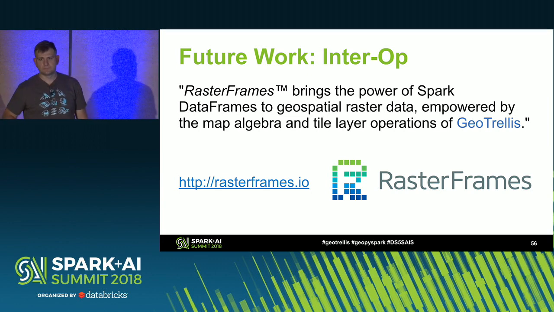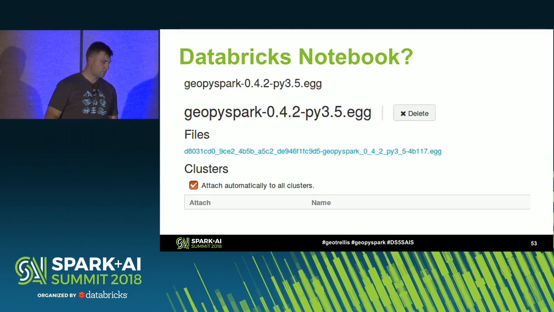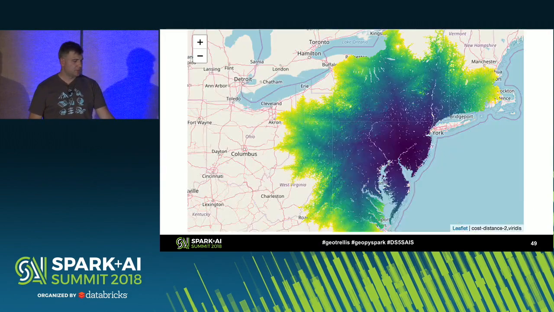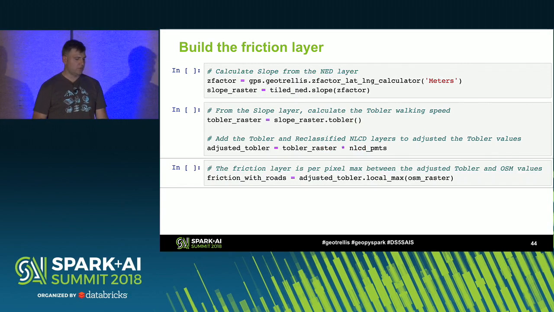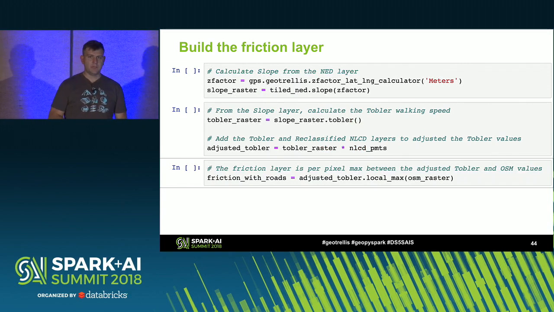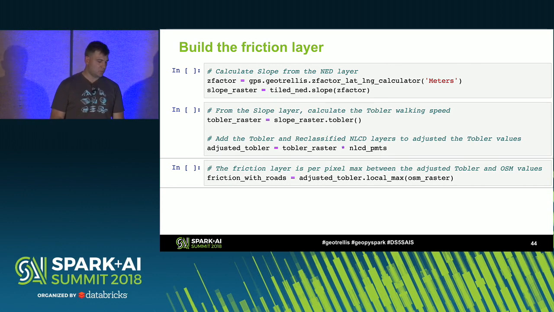You mentioned the cost distance modeling. It seems like you're focusing on walking. Are there similar applications where you can apply the same model for vehicles? So the question is, we focused on walking, but are there other applications for this for vehicles? Yes, in fact, this does, in a primitive way, consider vehicles as well.